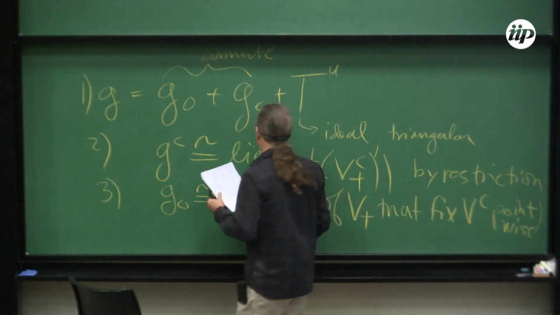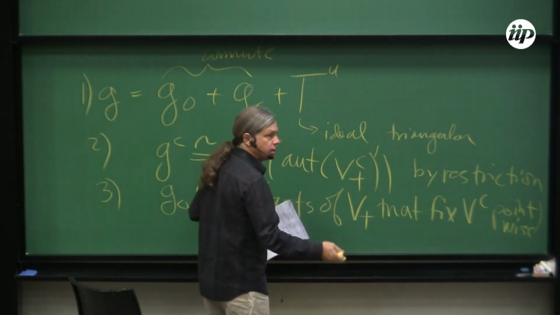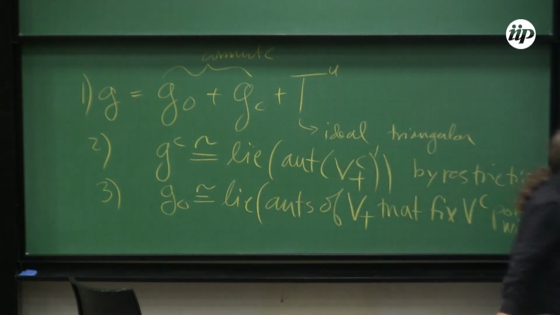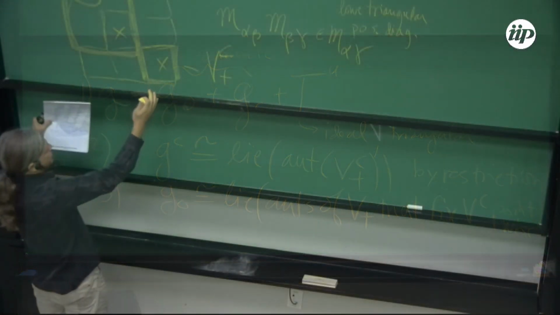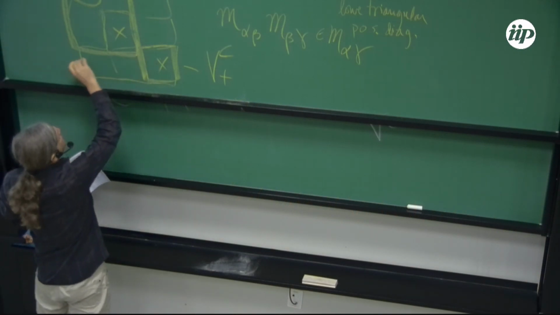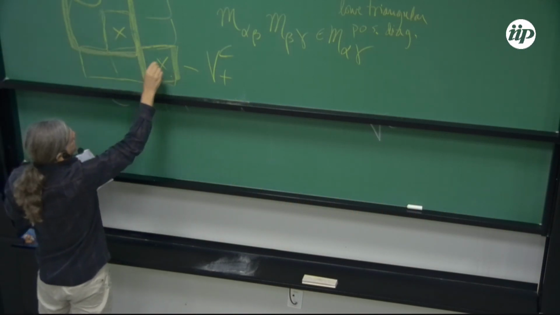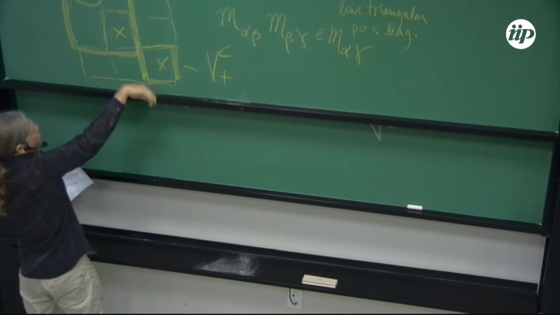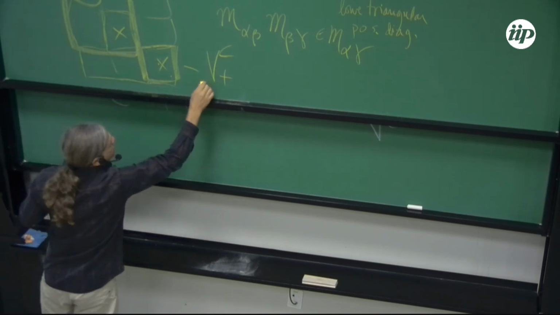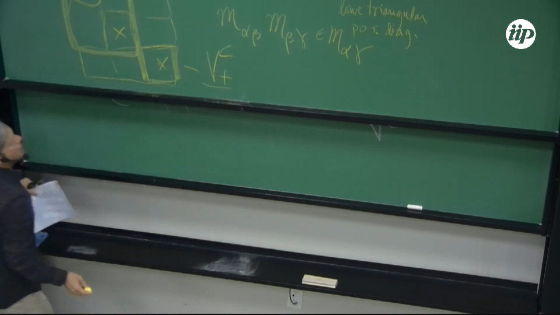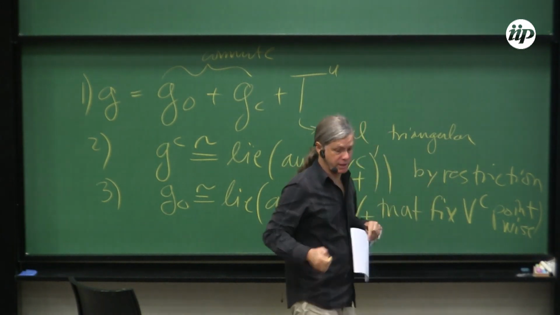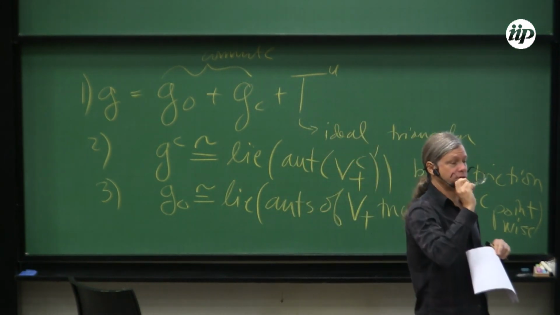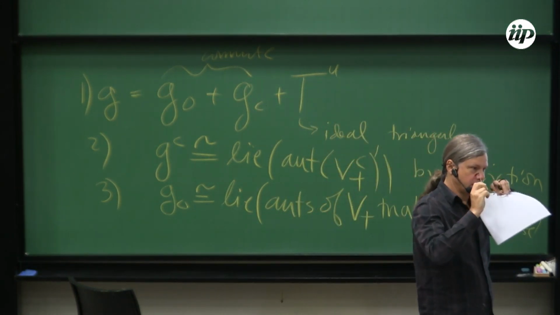Okay, so these things obviously can't take you between the sectors. So for a particular choice of this decomposition, these particular idempotents are all in one or the other of these. They're all in VC plus. And so this part obviously can't take you between the sectors because it fixes everything in the sum of the sectors pointwise.